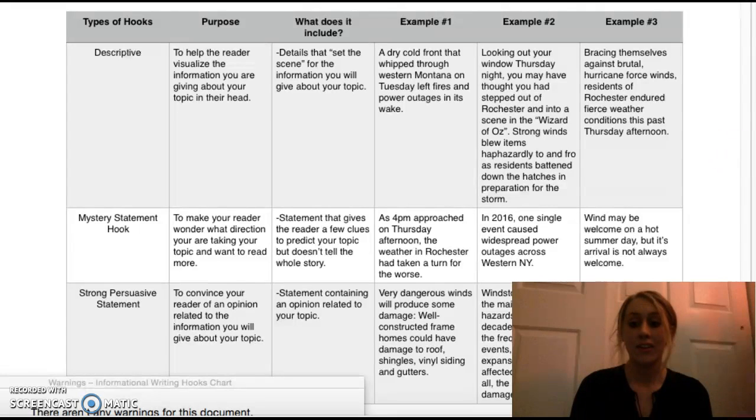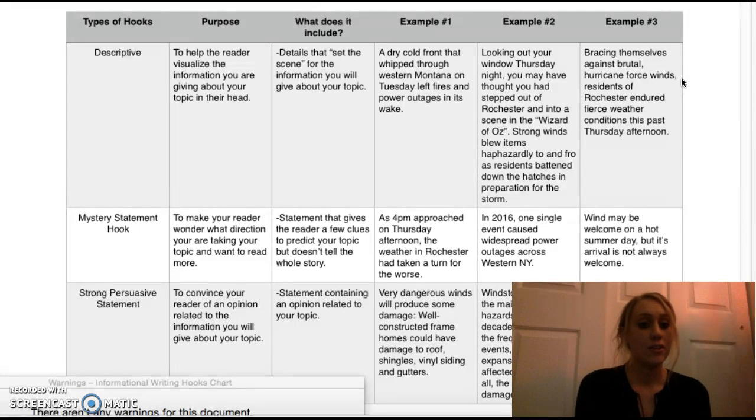So there are many different ways that you can hook your reader. These are just a few techniques to begin thinking about and trying out in your writing. I definitely want to invite you to try out some of these as you begin your writing pieces to interest your reader.